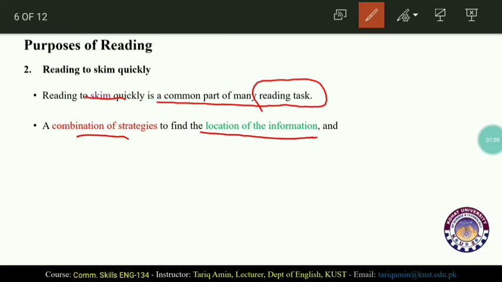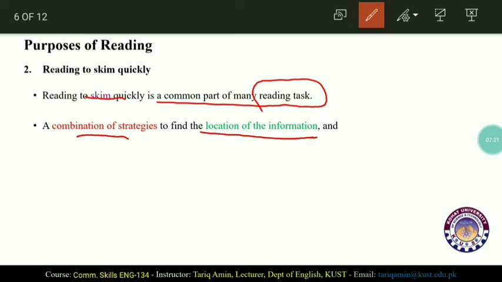Now, first of all, you need to skim this text in order to locate where my information could be in the text. So first of all, you apply the strategy of skimming in order to locate where my target information can be found.